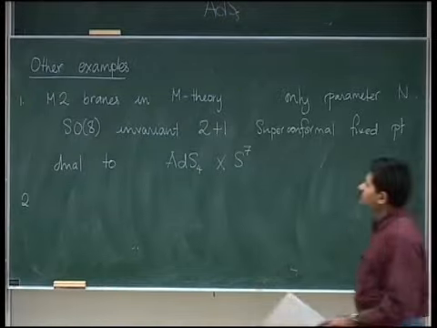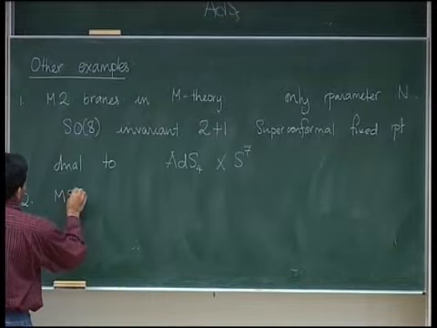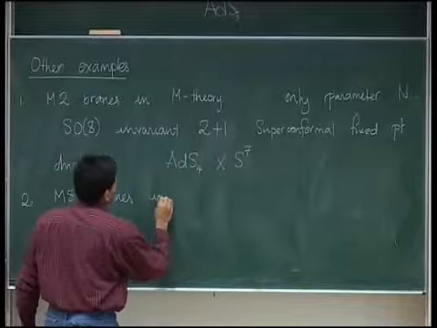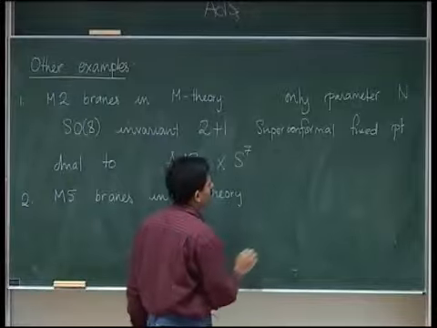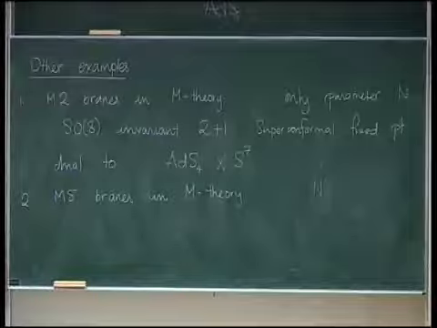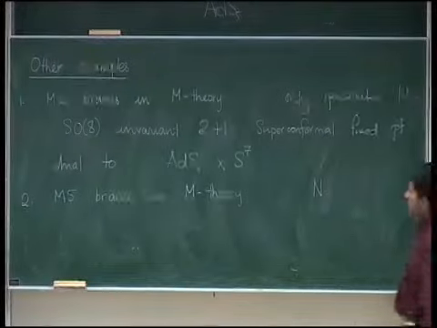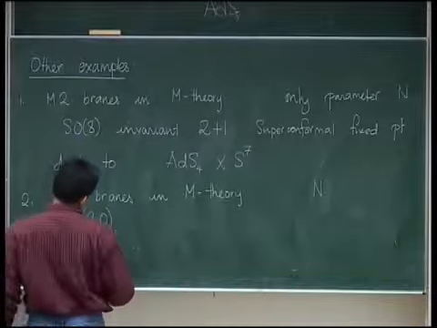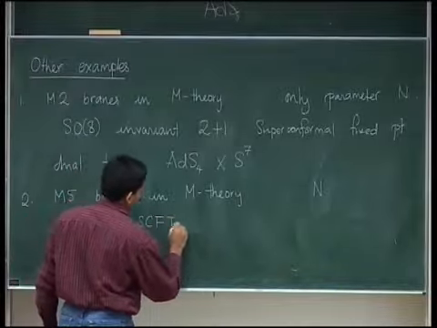The other example, which again we have very little handle on, is you can start with M5 branes in M theory. Again, it also has only one parameter, and there's no coupling constant.